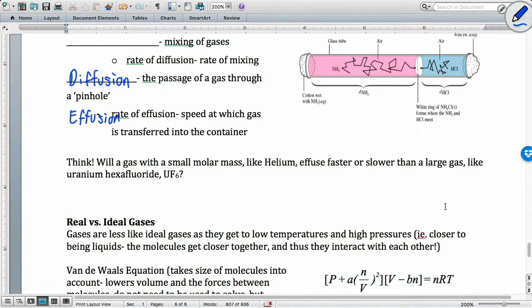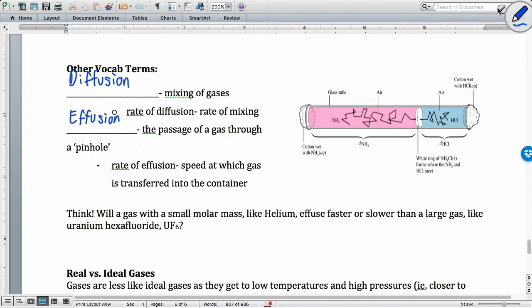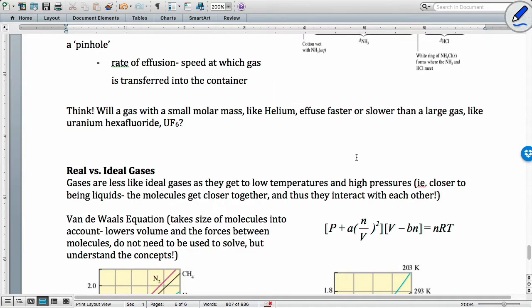What do you think? The correct answer there is, of course, the smaller one, helium. One, it's smaller, and remember we were talking about the speeds of a gas? At the same temperature, it's still going to move faster. It is smaller, so it moves faster. It's going to move faster through a pinhole. It's going to move faster through the tube.